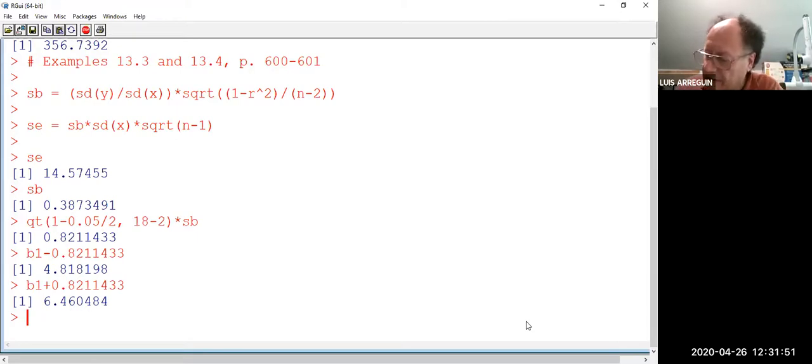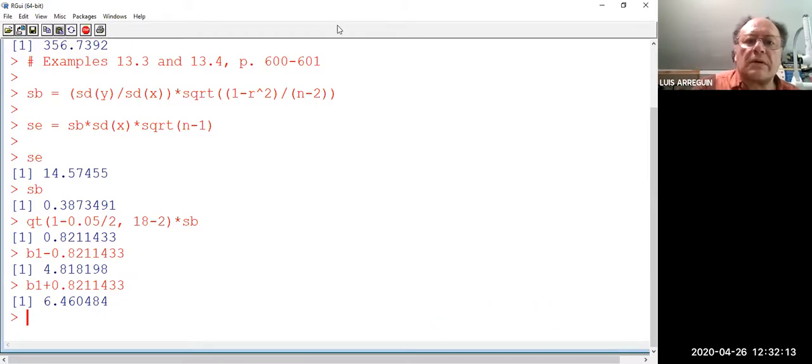So my lower limit is going to be 4.818198, and the upper limit is going to be 6.460484.